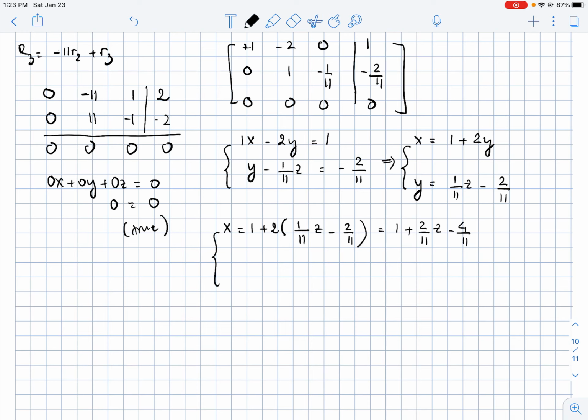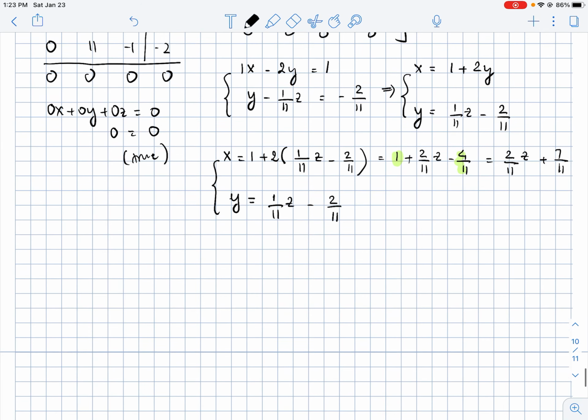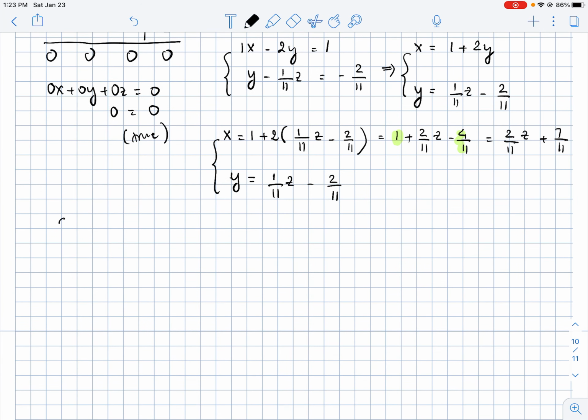And combine the 4 over 11 and the 1. So we get 2 over 11z plus 7 over 11. We add the fractions. We combine 1 and 4 over 11 together. So y equals 1 over 11z minus 2 over 11.